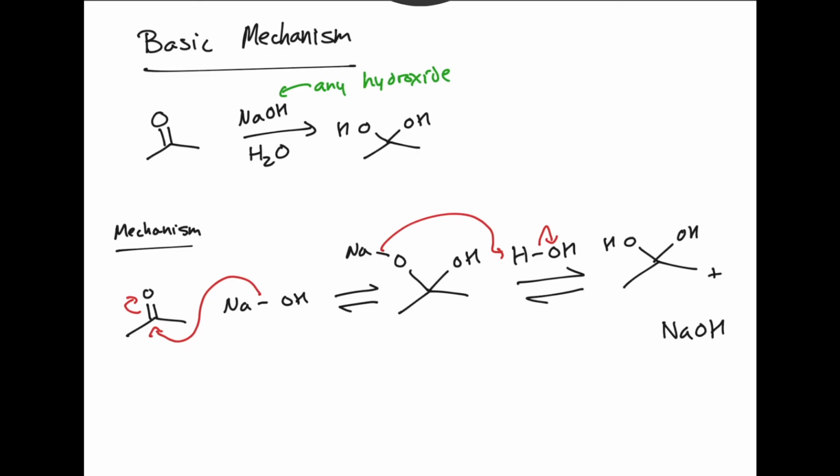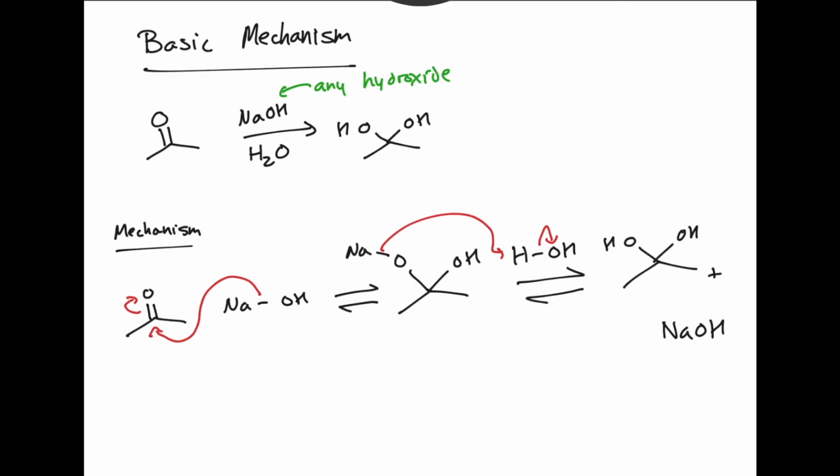So, since these steps are in equilibrium, we have to do something to make sure that we get the product that we want. We've got to ensure that we get the hydrate and we don't just keep going back to our carbonyl starting material. So remember Le Chatelier's principle? Gen Chem, I know, spooky, right? Le Chatelier's principle says if there's a reaction in equilibrium, if you add something to the starting material side, it's going to force the reaction towards products.